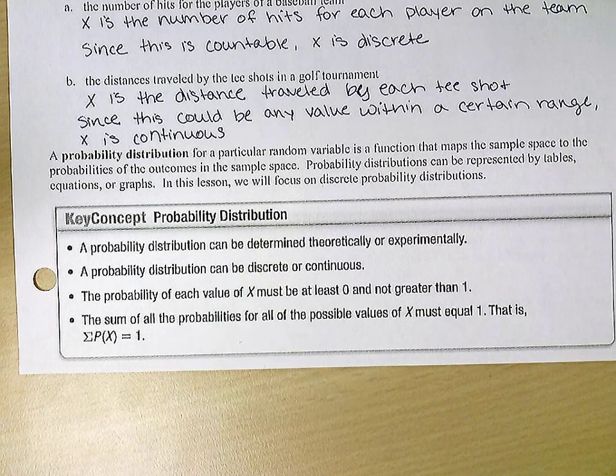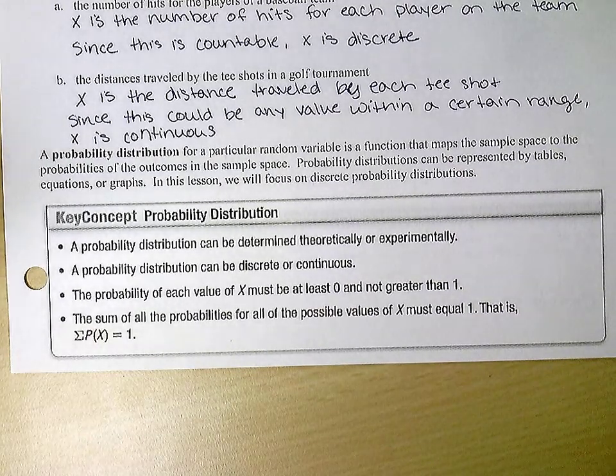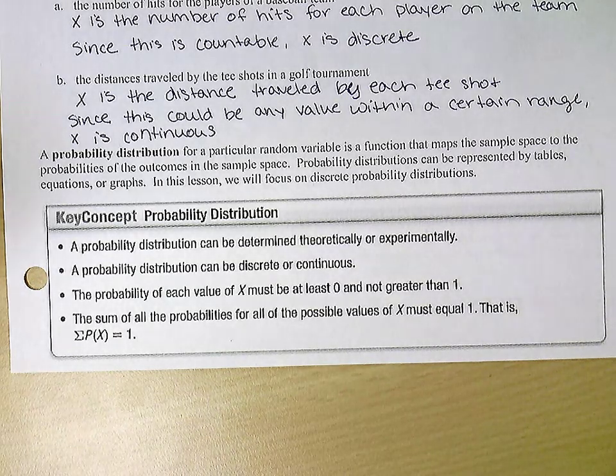For our probability distributions in this table here, a probability distribution can be determined theoretically or experimentally. A probability distribution can be discrete or continuous, like we looked at already. The probability of each value of x must be at least 0 and not greater than 1. So your probability has to be between 0 and 1.